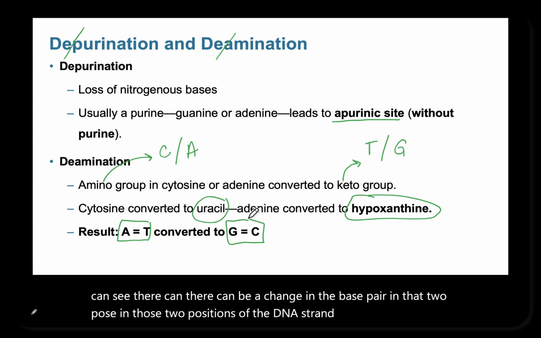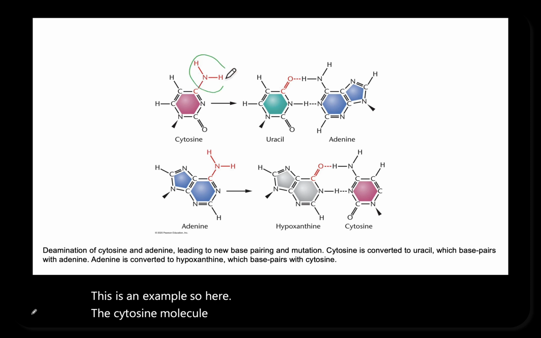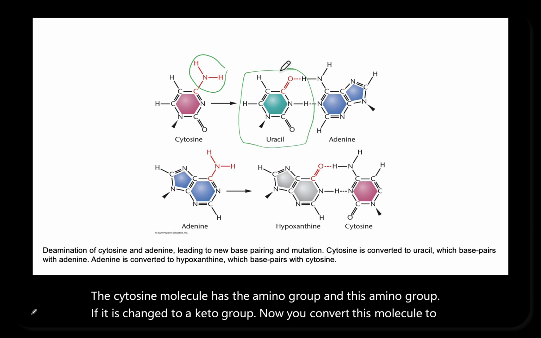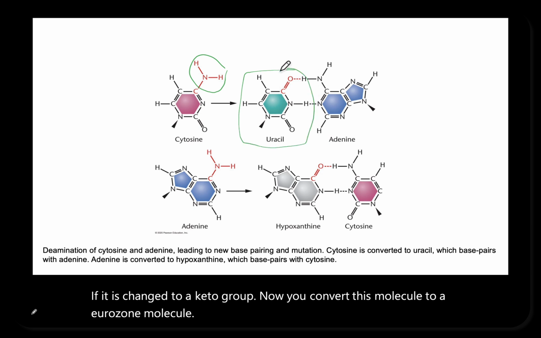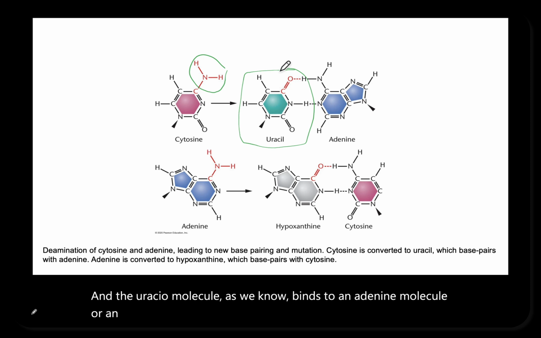Okay, this is an example. So here, the cytosine molecule has the amino group, and if this amino group is changed to a keto group, now you convert this molecule to a uracil molecule, and the uracil molecule, as we know, binds to an adenine nitrogenous base.